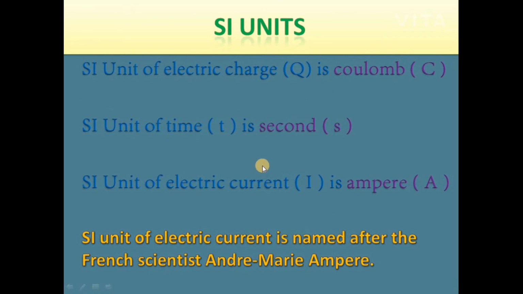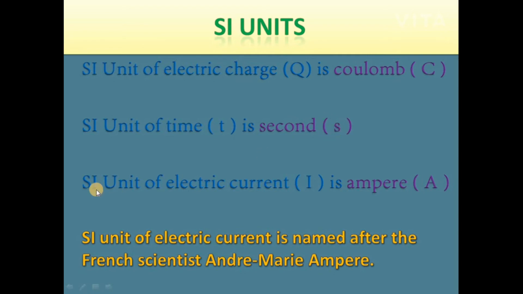Then what are the SI units of charge, time and current? The SI unit of electric charge Q is coulomb, represented by capital C. The SI unit of time t is second, represented by small s.